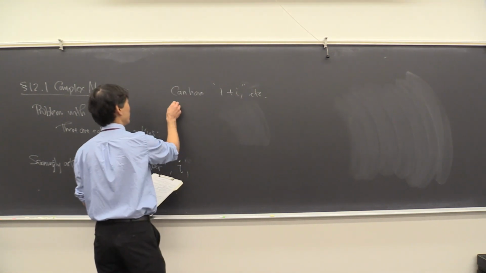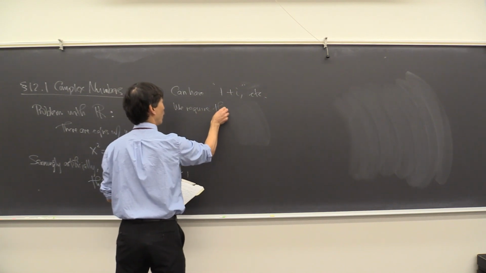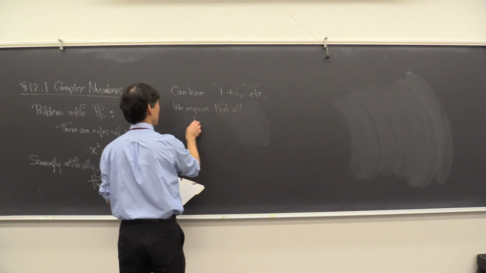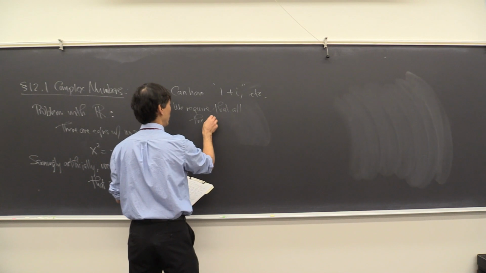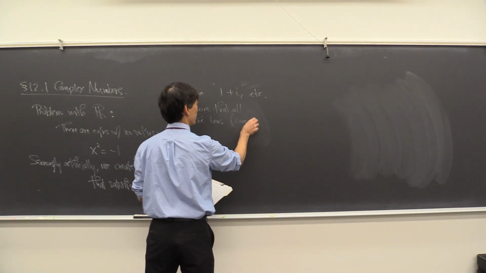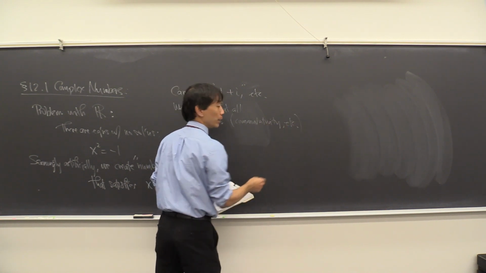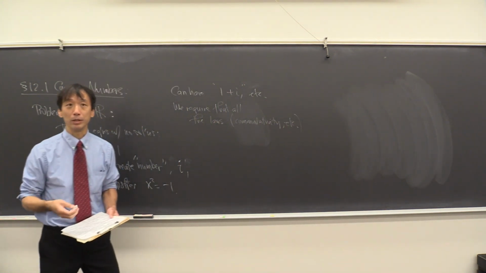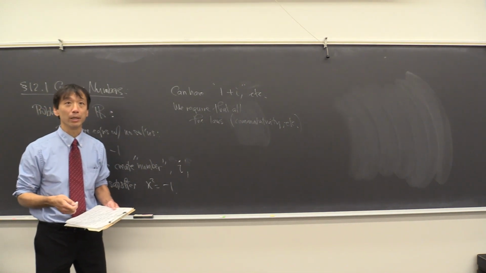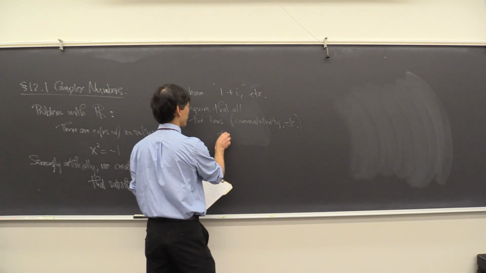Okay, and we require that all the old rules, all the laws, like commutativity, associativity, the distributive property, everything, still hold.